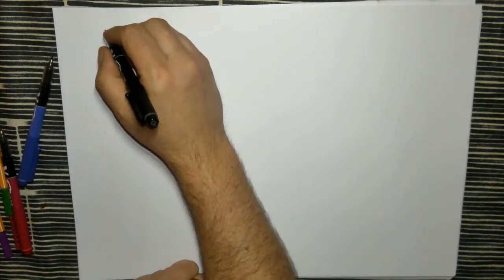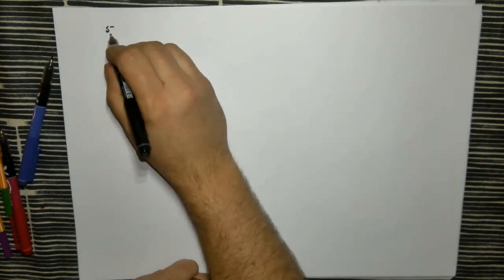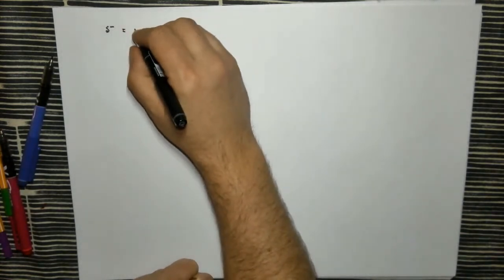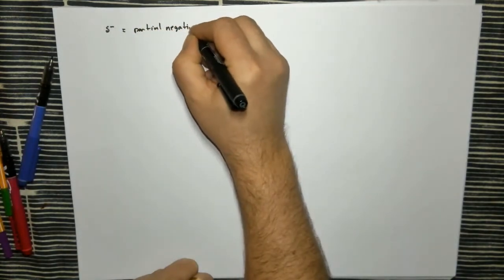First of all, the symbol delta or small delta minus means a partial negative charge.